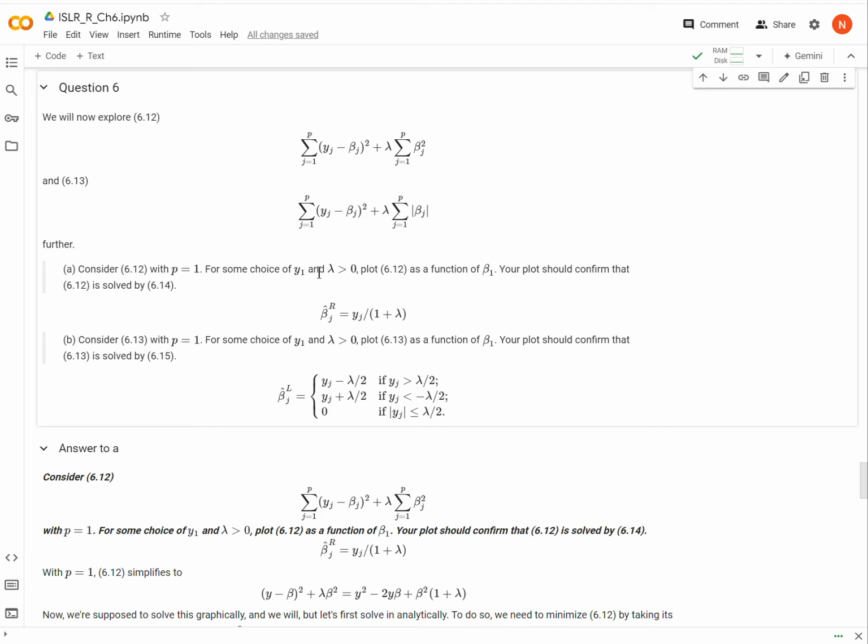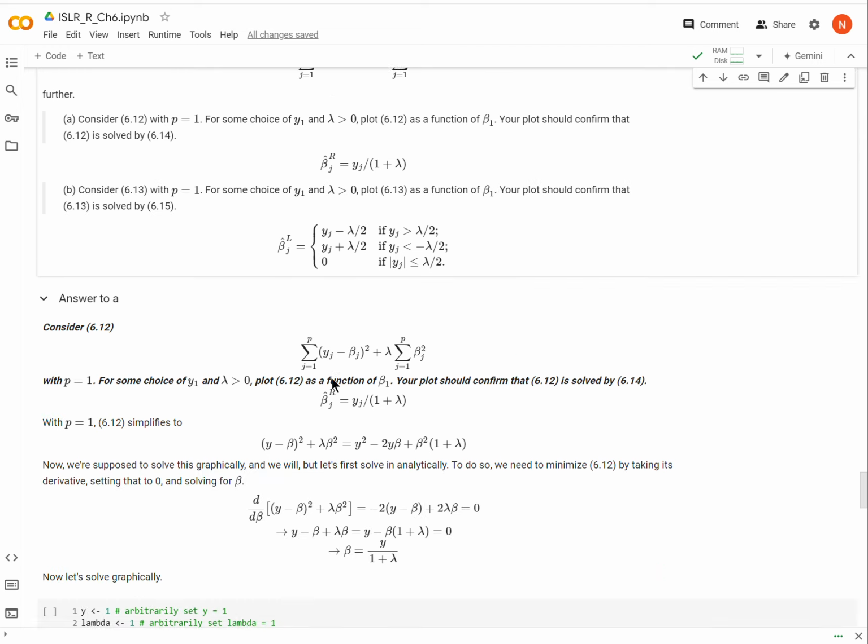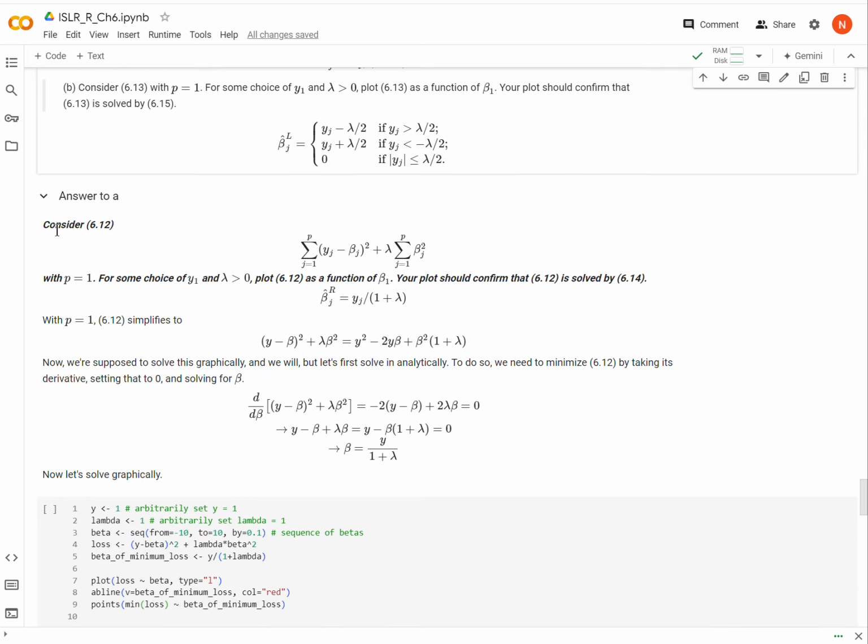So let's start with the ridge regression. Here I've just reproduced that whole question. What I want to do is to first solve this analytically, and then we will do it graphically.